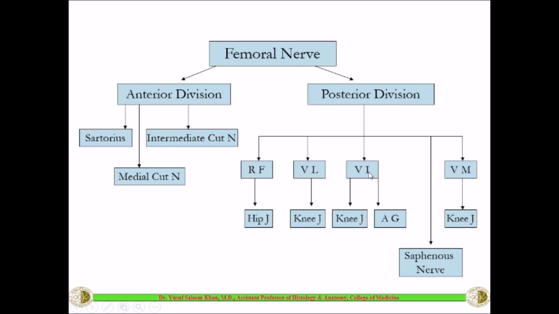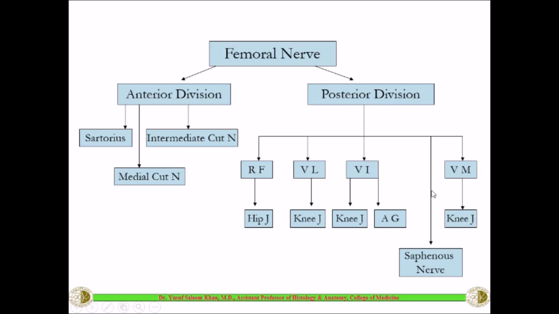The branch which supplies the vastus intermedius supplies the knee joint as well as the small muscle articularis genu. The branch which supplies the vastus medialis will also supply the knee joint. So all the branches which supply the different muscles also supply the knee joint except the branch to the rectus femoris, which supplies the hip joint.